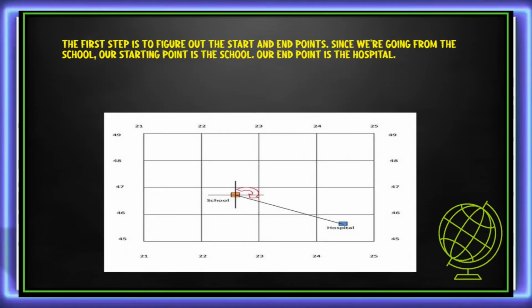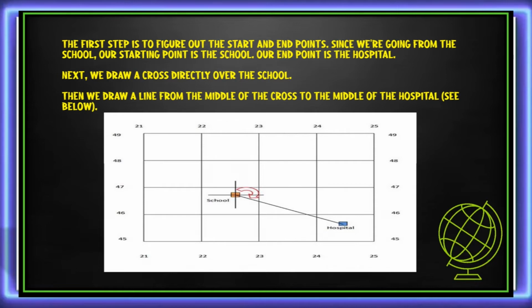The first step is to figure out the start and end points. Since we're going from the school, our starting point is the school. Our end point is the hospital. Next, we draw a cross directly over the school. Then, we draw a line from the middle of the cross to the middle of the hospital.